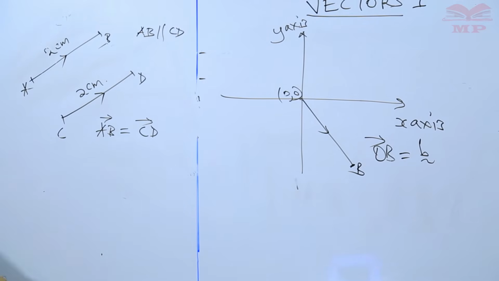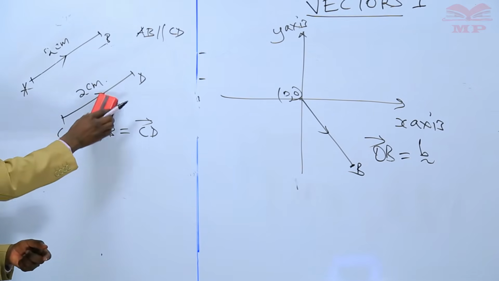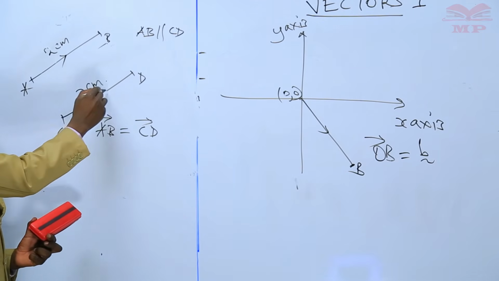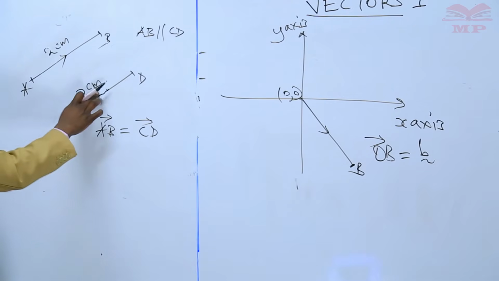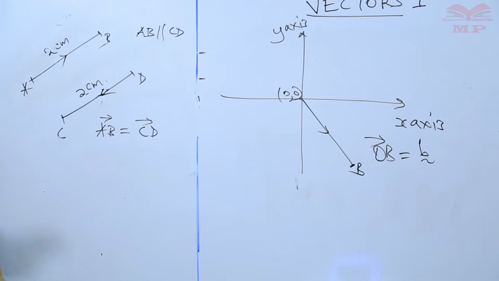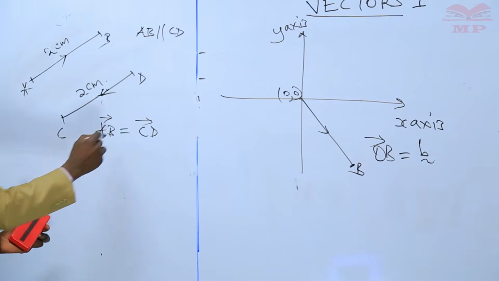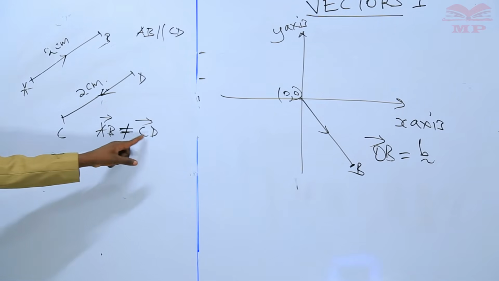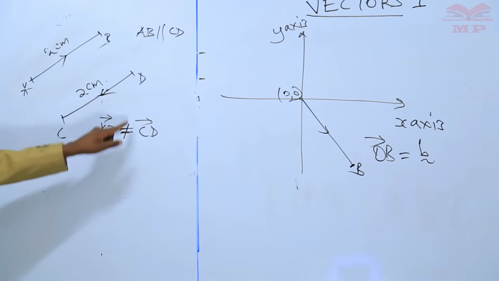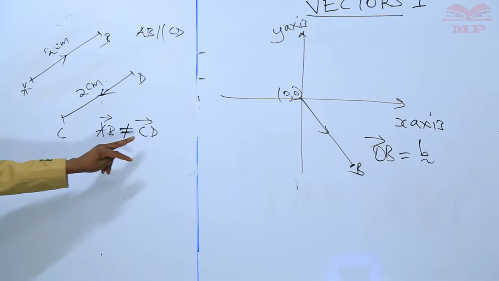Now, if we were to look at the same example and say that our direction of CD was the opposite, such that we now have a direction that way, we would say that vector AB is not equivalent to CD. Now, this is the sign of not equivalent or not equal.